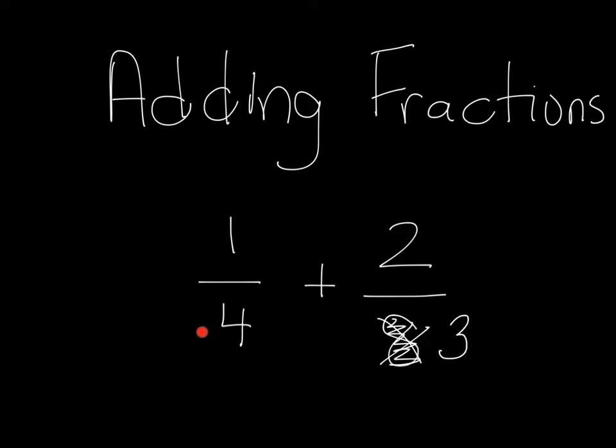So for this fraction here, I need to multiply by the 3. So 1 times 3 and 4 times 3. Likewise on the other side, we have 2/3. Multiply by the opposite denominator, which is 4. So 2 times 4 and 3 times 4. Then we'd multiply everything out and add it together.